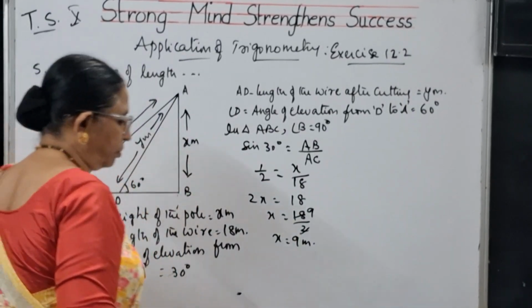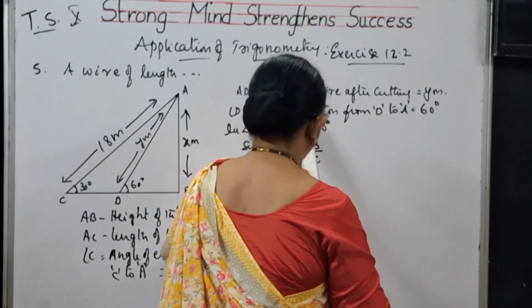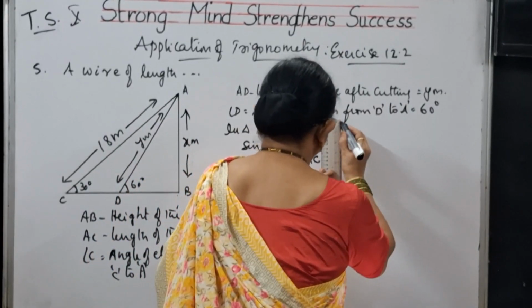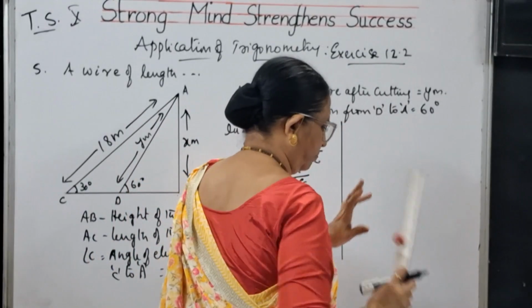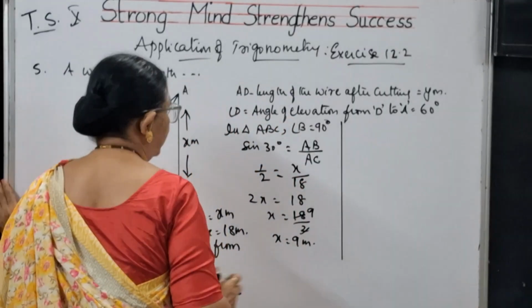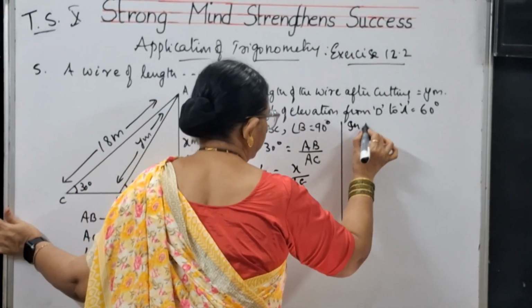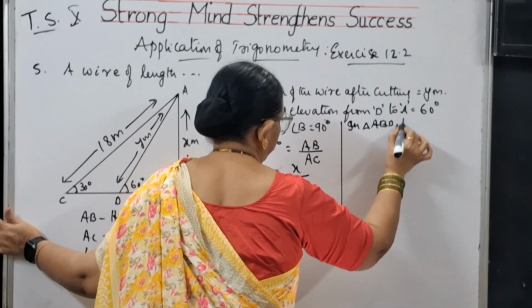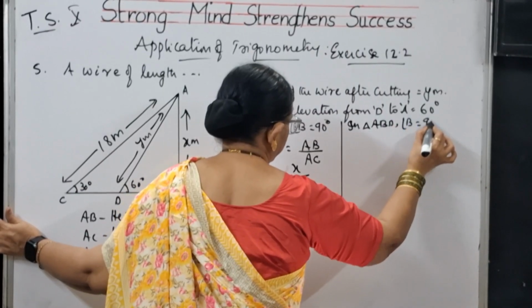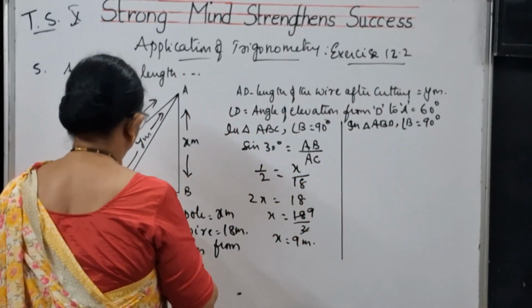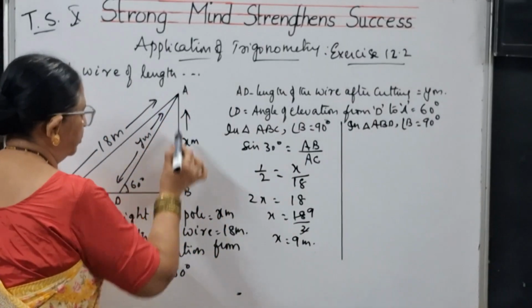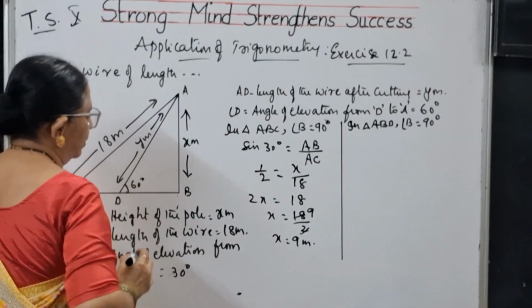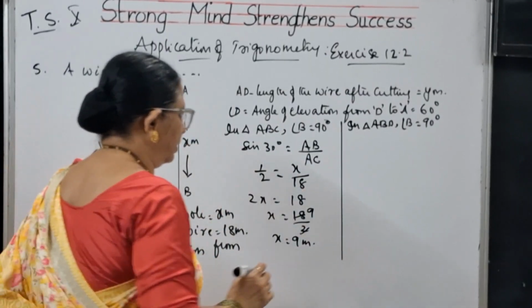Now let us go for the other triangle that we have got. In triangle ABD, angle B is equal to 90 degrees. So again for D, opposite side by hypotenuse, sine 60 degrees.